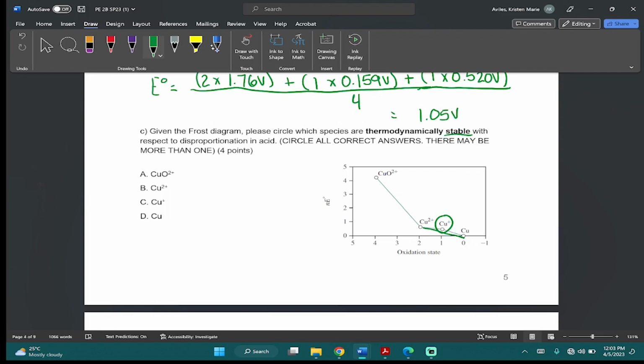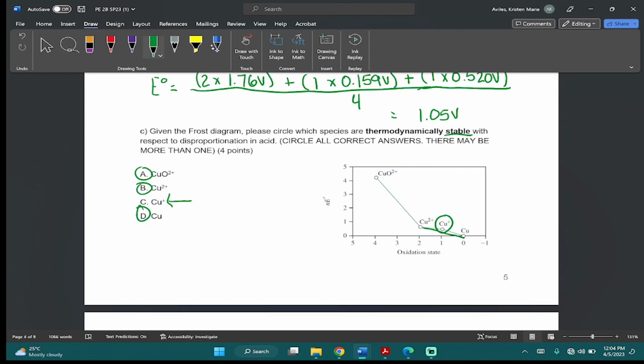We're looking for all the stable species. The only thing above the line here then is going to be our copper+. So all three of these fall under stable. So if it asks for unstable, the answer would just be copper+, because it's above the line.